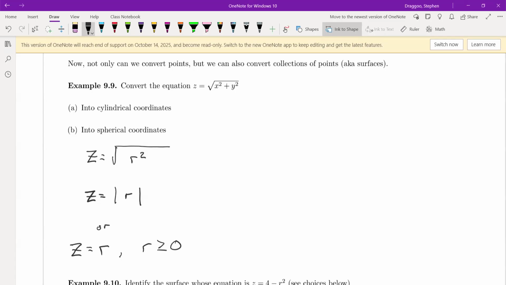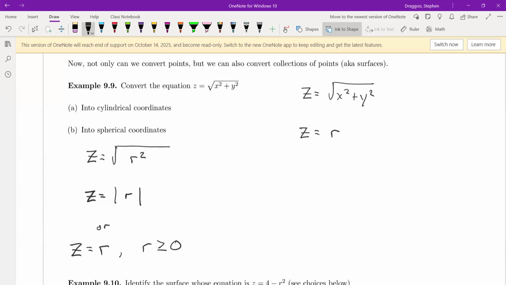To go do the next bit, switching this thing into spherical coordinates, I suppose I could start from z equals the square root of x squared plus y squared. Let's just jump that to z equals r, because we already converted that step.